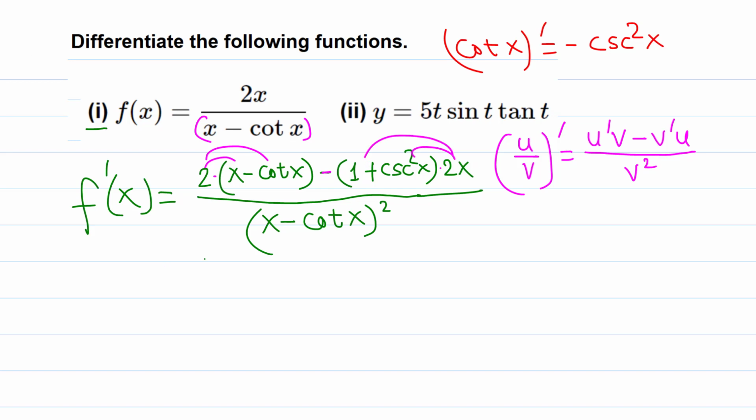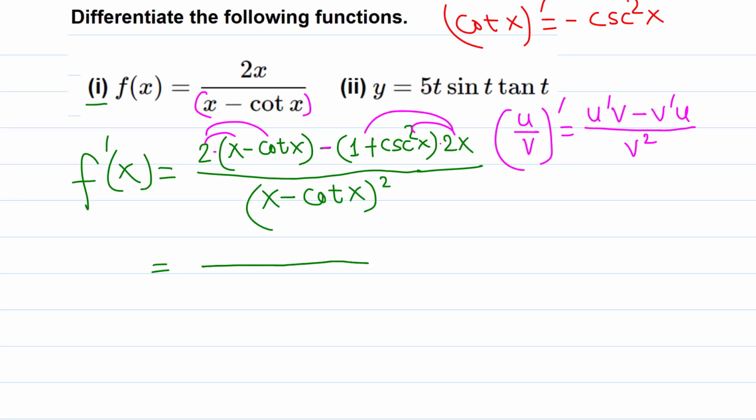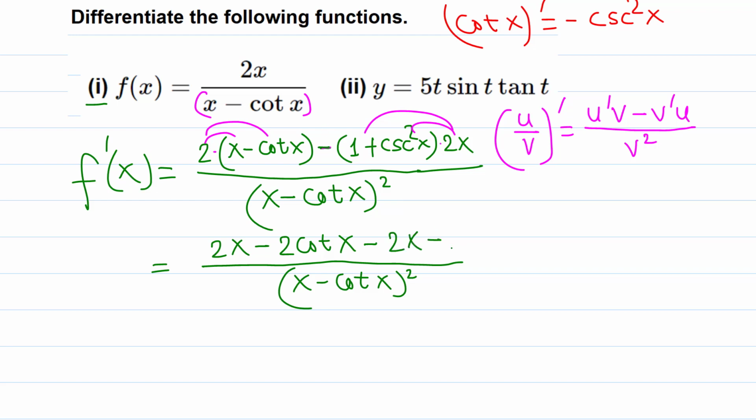So if we differentiate and then distribute, what are we going to get here now? x minus cotangent x quantity squared on the bottom, and on top 2x minus 2 cotangent x minus 2x times 1, 2x, plus minus 2x cosecant squared x.